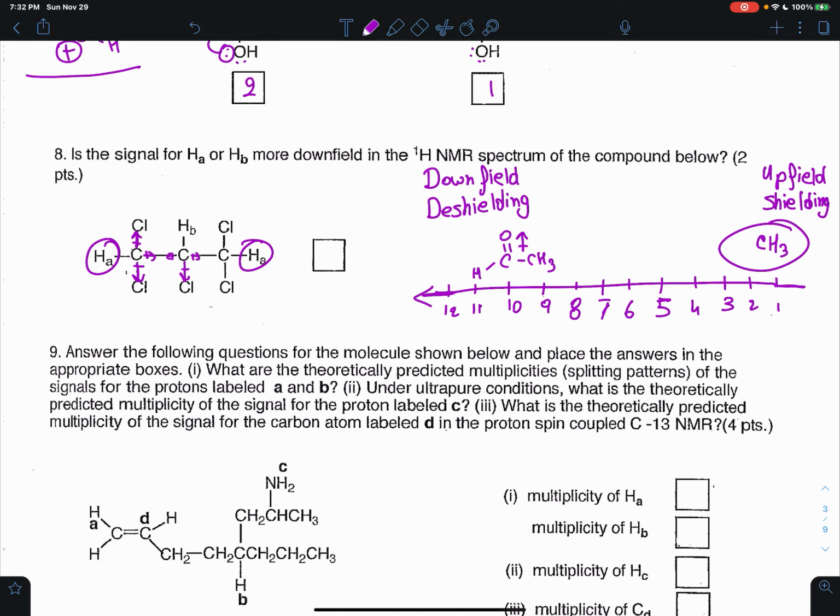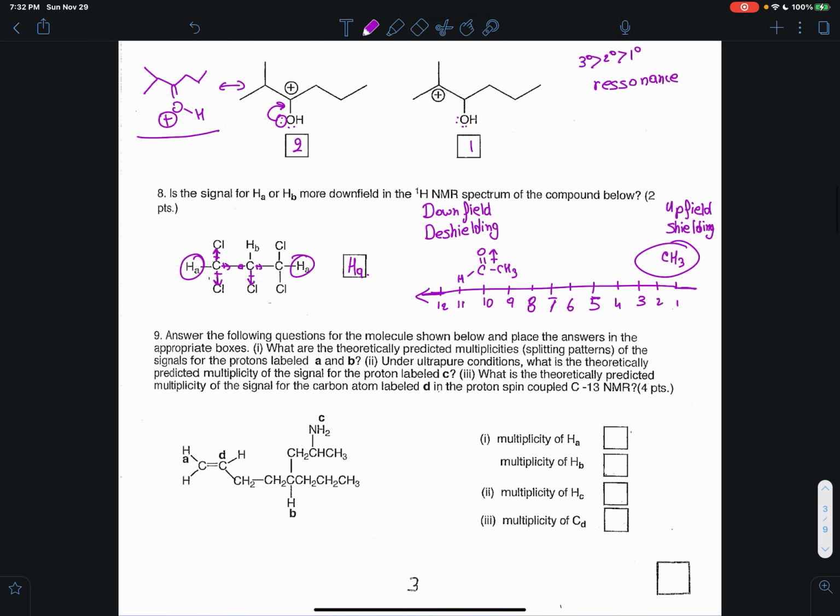HA has two chlorines, meaning a high electron induction that pulls electrons away from this hydrogen, so it's the more deshielded hydrogen than HB. The answer would be HA. Again, I'm going to go over more about these once we get to the IR and NMR section.